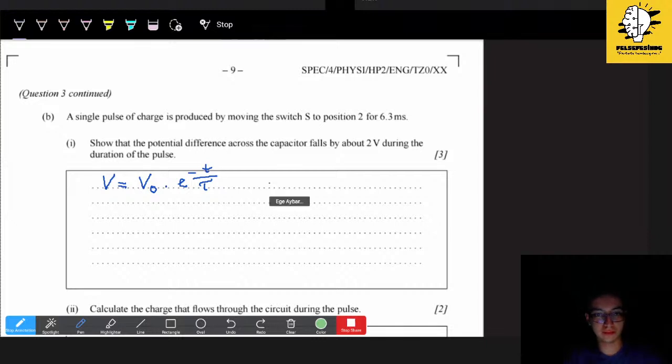Okay, so let's find tau. And when we find tau, we can write our capacitance. What was it?